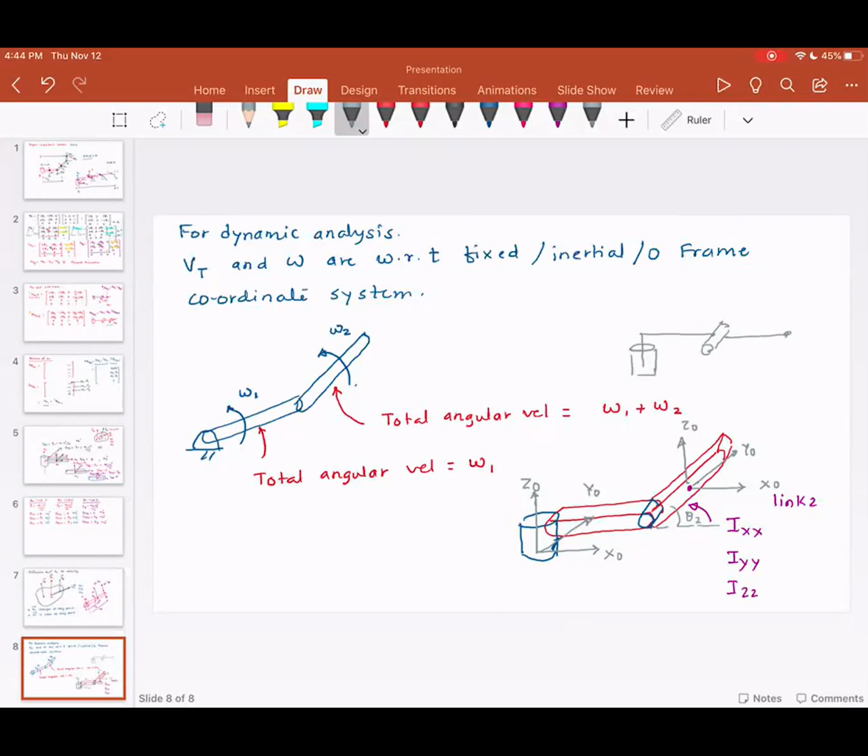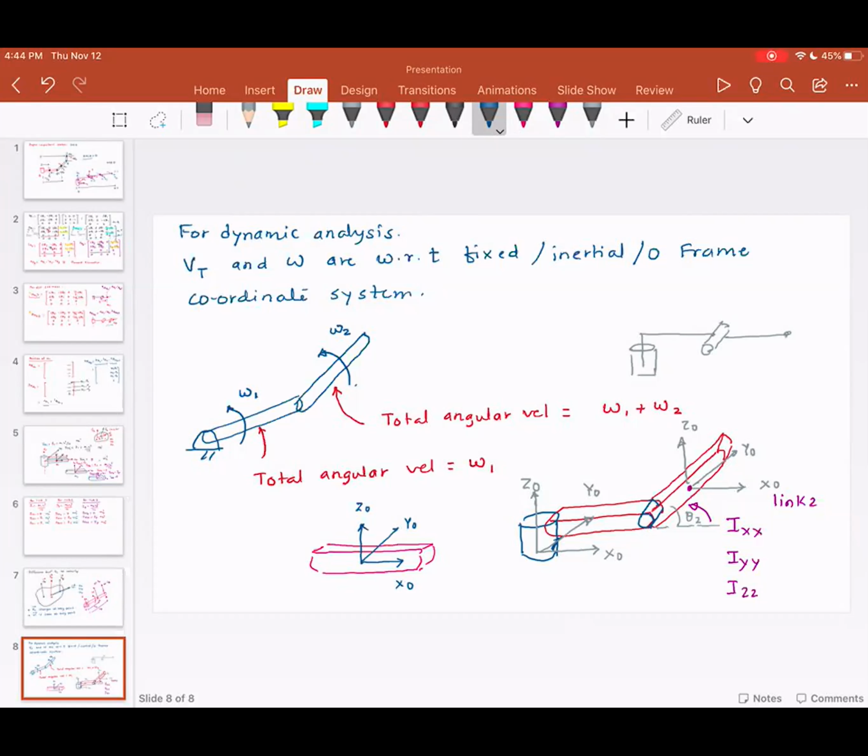So what you want to do is, you want to consider the link number 2 in the same configuration as the kinematic diagram, and then place x0, y0, and z0. Then you would realize that your major and minor axes for that particular geometry are aligned with x0, y0 and z0.